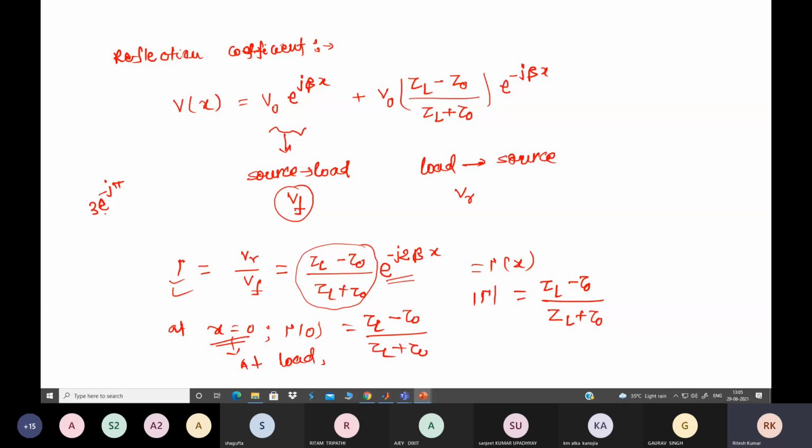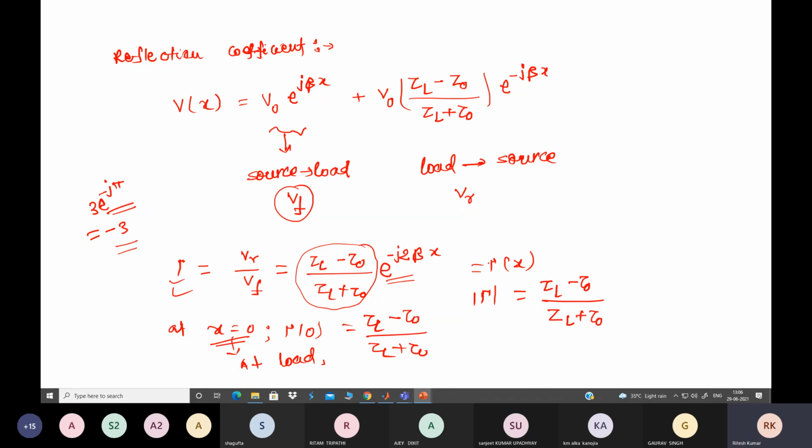This is minus 1, so we get minus 3. When you expand it, e to the power j pi is cos pi plus j sin pi; the sin pi term is 0, but cos pi is minus 1, therefore minus 3. So I want to say that once the magnitude of the reflection coefficient is given, there are two possibilities: it may be a positive quantity or a negative quantity.